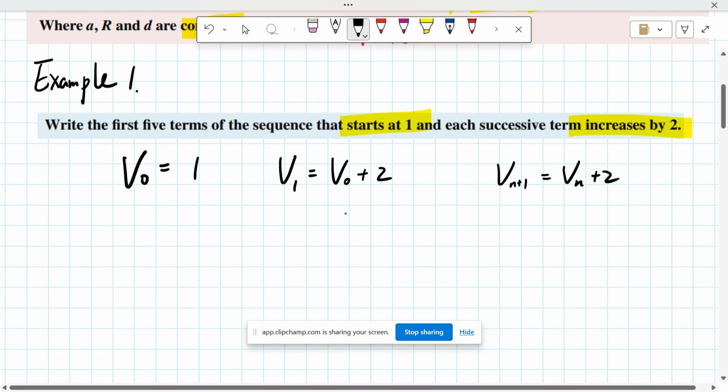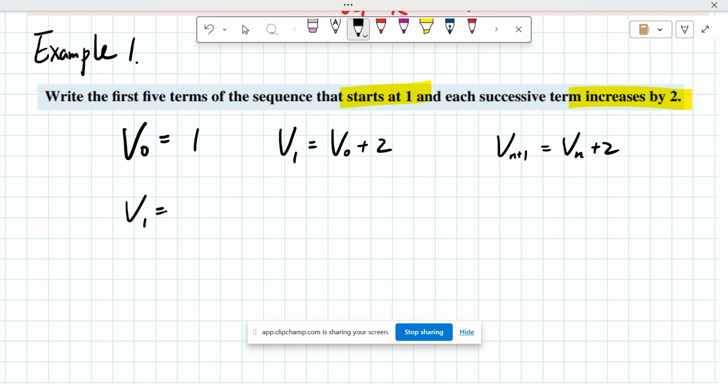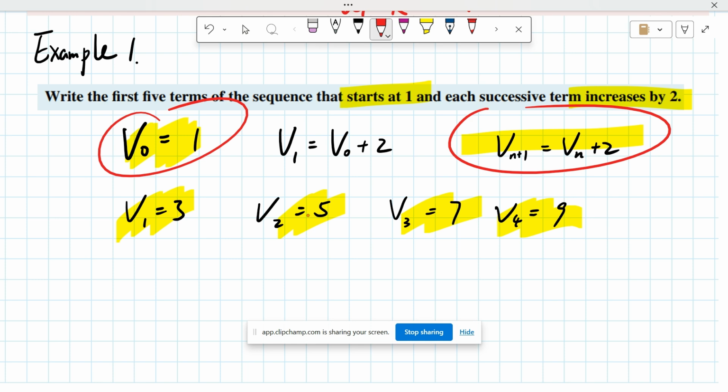So the previous term plus 2 gives the next term. Next we see v1 equals 3, v2 equals 5, v3 equals 7, and v4 equals 9. So that is 5 terms, always starting with v0 as the first term, then second, third, fourth, and fifth. A first order recurrence relation will always have this and this, where you always write the first term.